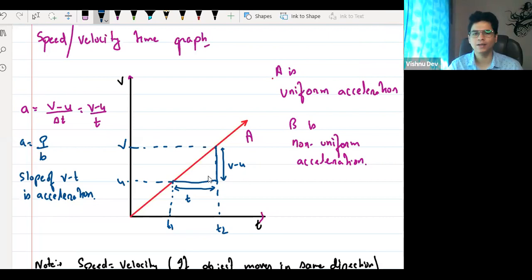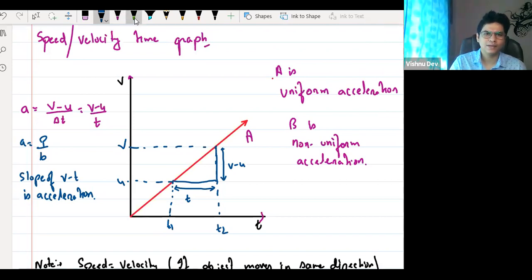In the same way, the slope of this VT curve will be your acceleration. Clear है? Anyone have any doubt on this? I hope this is clear for everyone.